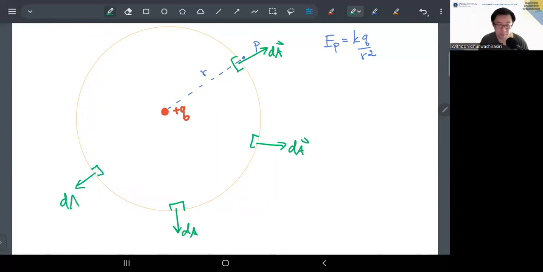All right. Now, what about the electric field? Because of this spherical symmetry, this positive charge is going to generate an electric field, and it should have a uniform magnitude in all directions because you don't have any preferred direction. There's no up, no down, no front, back, north, south.